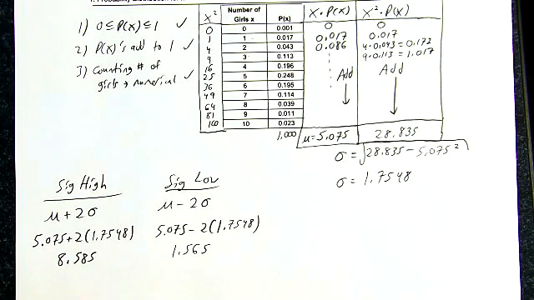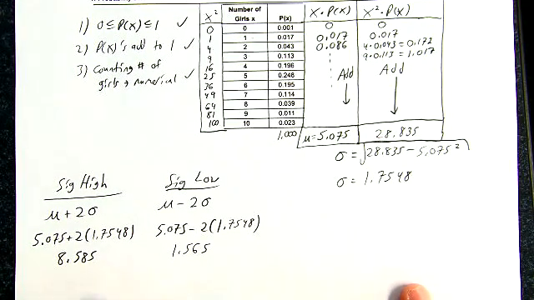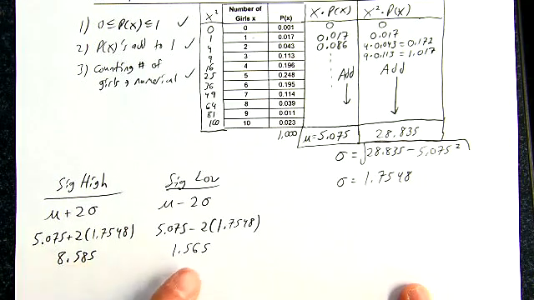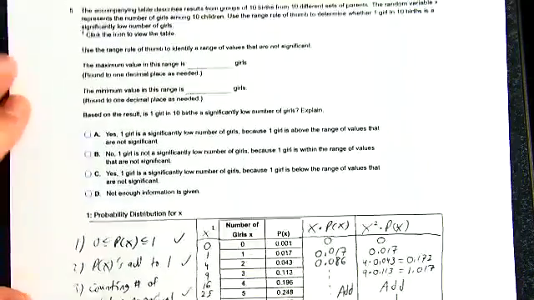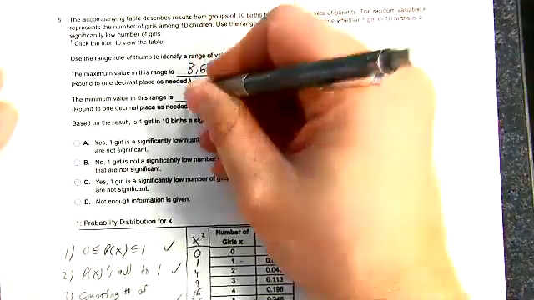Okay, then they want us to round to 1 decimal, so we'll call this 8.6 and 1.6. So up here we'd say the big number, the maximum number is 8.6, and the low number is 1.6, just from these two here.